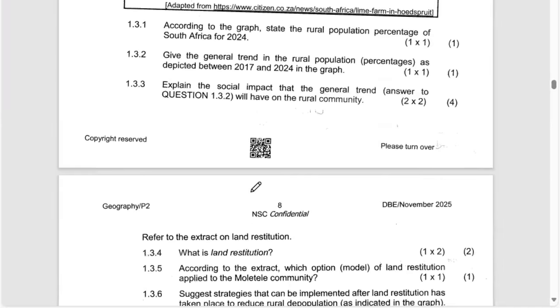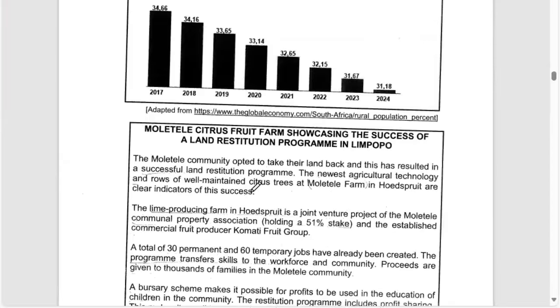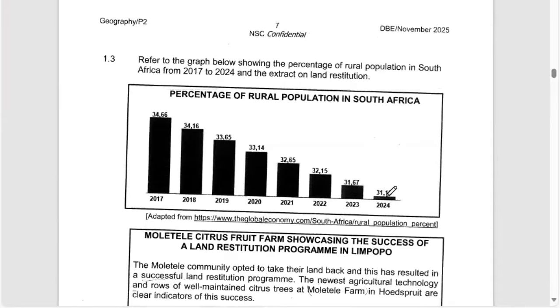Right, according to the graph, state the rural population percentage of South Africa for 2024. We just have to go to the graph and look at 2024. We see our 2024 is here. So for 2024, we just want to figure out how much it was in that particular year.